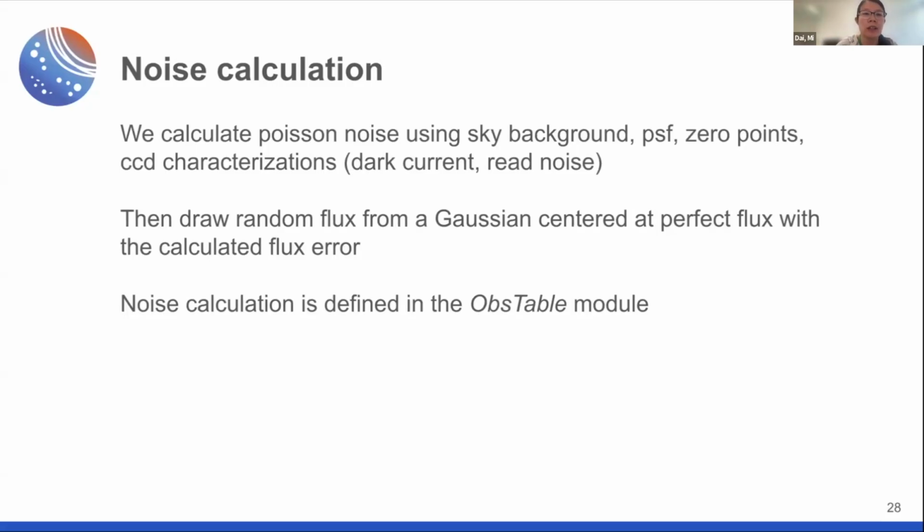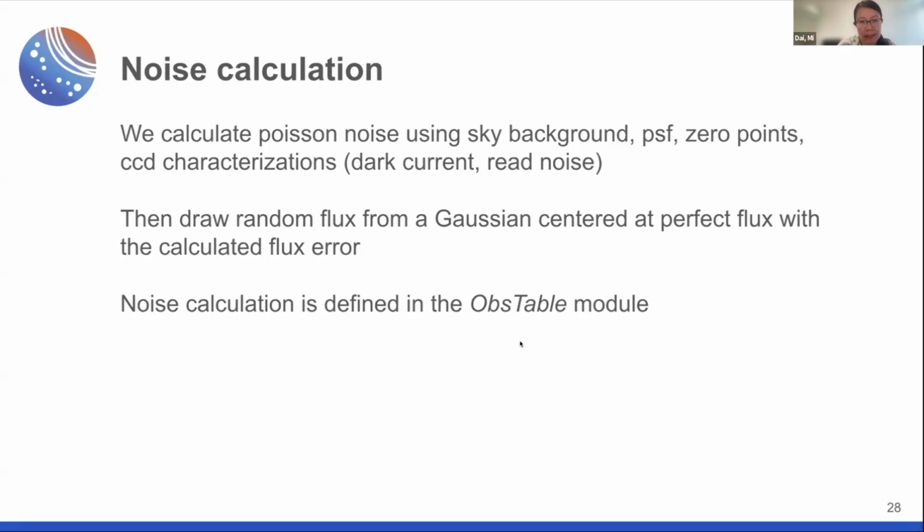So we calculate Poisson noise using sky background, PSF, zero points, and CCD characterizations. And then we draw a random flux, assuming a Gaussian centered at the perfect flux with the calculated flux error. The noise calculation is defined in the observation table.